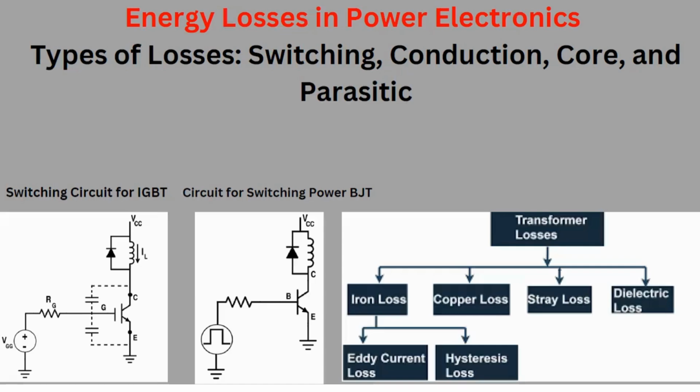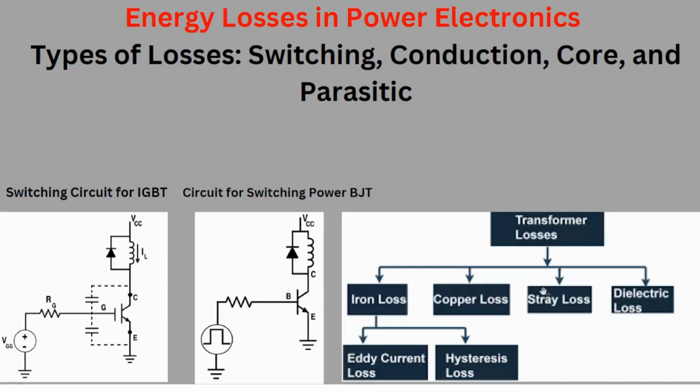Okay. Second example, you can see on the right hand side, we have taken transformer losses. Suppose there is a big transformer. What you have to see in the transformer losses is iron loss, copper loss, stray loss, dielectric loss, and other types of losses like eddy current loss.